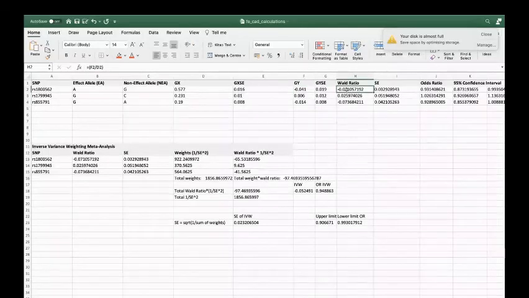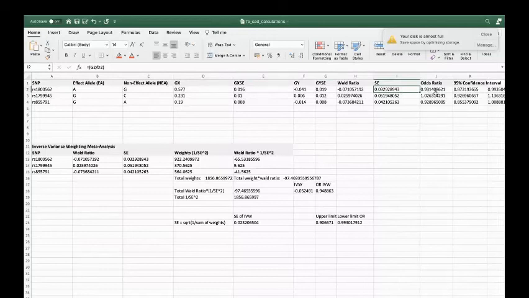And then we calculate the Wald ratio for each of these SNPs. So that is the outcome data, this divided by this, and that gives you that value. And then we can calculate the Wald ratio. The standard error is calculated using the standard error of the outcome association over the beta for the outcome.